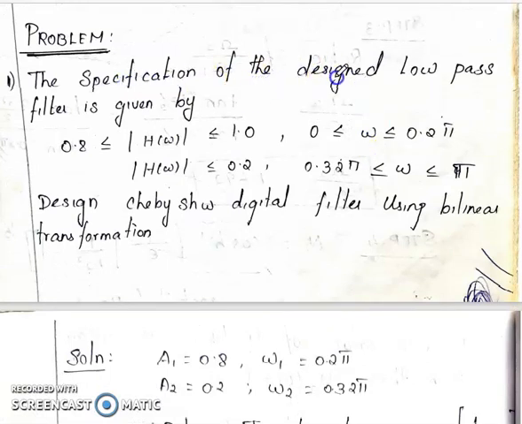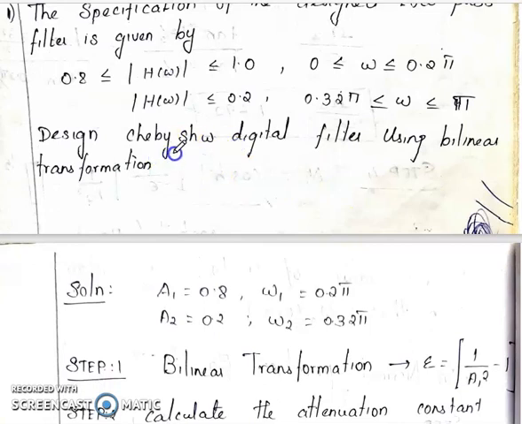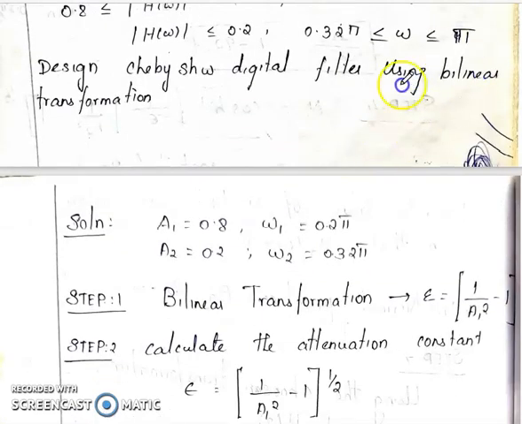Design the low pass filter. The same problem, only I am considering 0.8 for the mod of H of omega equal to 1, and the mod of H of omega is less than or equal to 0.2, having the limits 0 to 0.2 pi and 0.32 pi to pi, by using the Chebyshev method with the bilinear transformation.